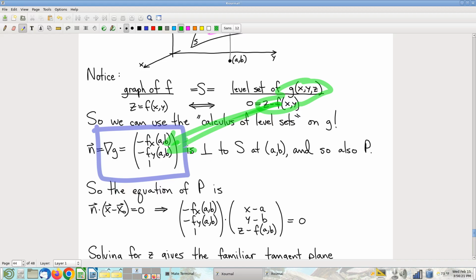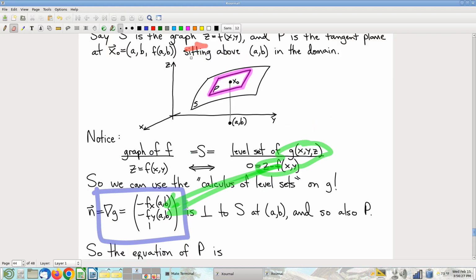No, I'm saying the gradient of g is perpendicular to level sets of g. And as we previously viewed, this surface right here, I can view as being a level set of that function g. So gradients are perpendicular to level sets. You have to be careful.